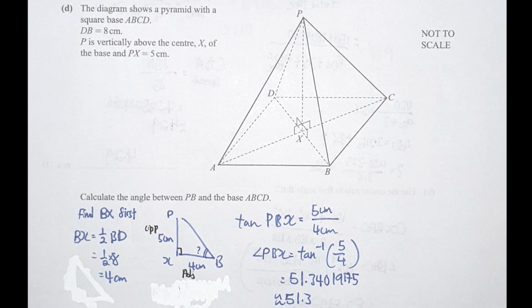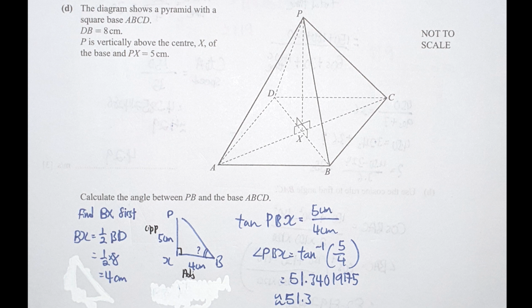Question D, okay. So the thing that I did was to find BX first. BX is actually half of BD, which is half times 8. It will turn out to be 4. So with the PX value and XB value, which are 5 cm and 4 cm respectively, they wanted us to find the angle between PB and the base.